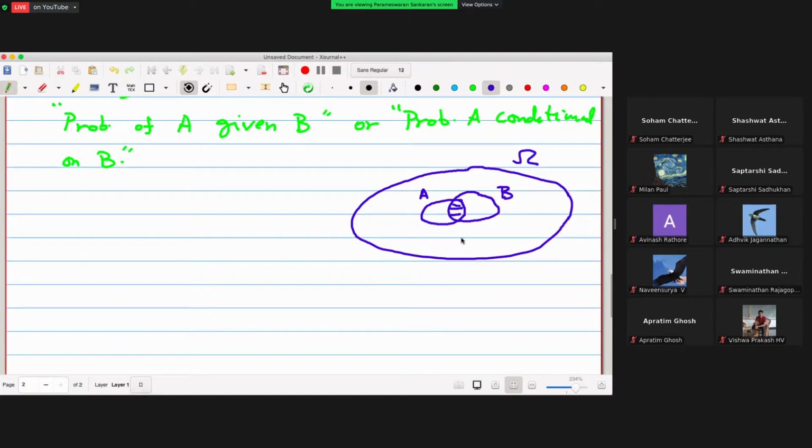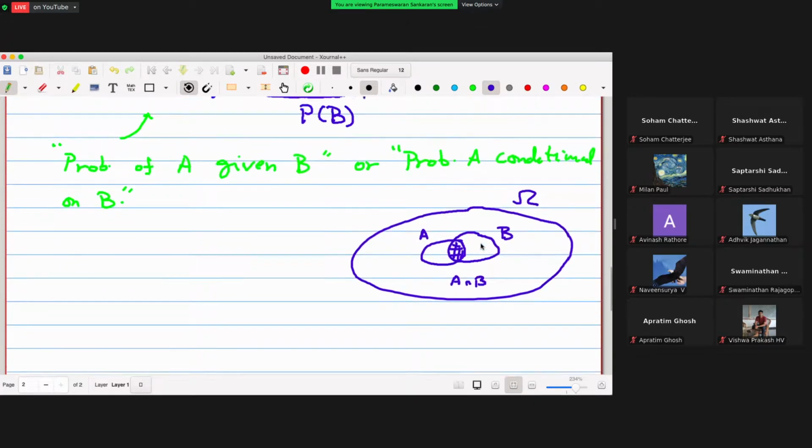So this is A intersection B. Once you know that B has occurred, you are already in the smaller region B, and you want to know the probability that A has occurred. The only way A could have occurred is if your favorable region is now shrunk to A intersection B.